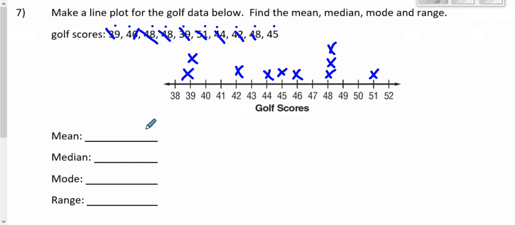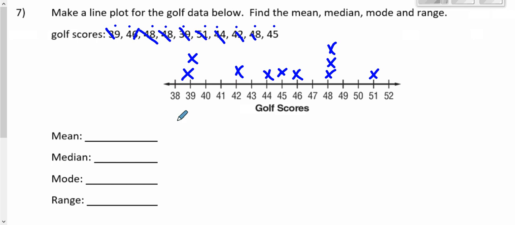So now we want the mean. That means we need to add all of the numbers together. So we have 39 plus 39 is 78, plus 42 is 120, plus 44 plus 45 plus 46, so we should be at 255, plus 48 plus 48 plus 48, and then plus 51.